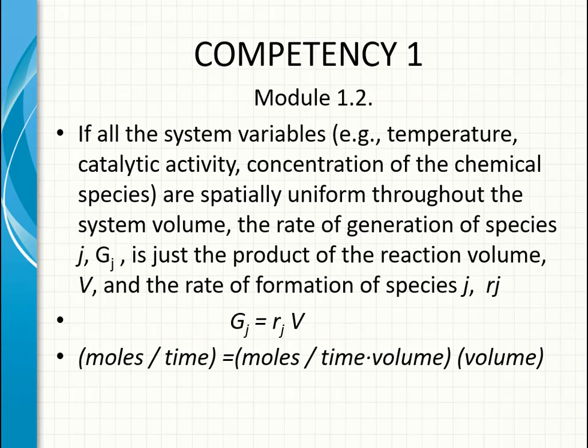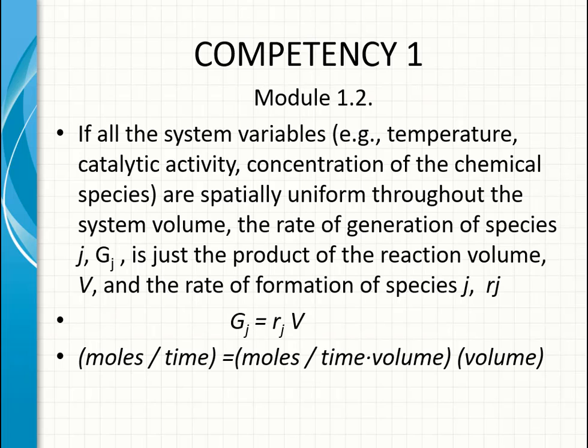If all the system variables, temperature, catalytic activity, and concentration of the chemical species, are spatially uniform throughout the system volume, the rate of generation of species J, which we are going to call Gj, is just the product of the reaction volume, V, and the rate of formation of species J, which we are going to call Rj.